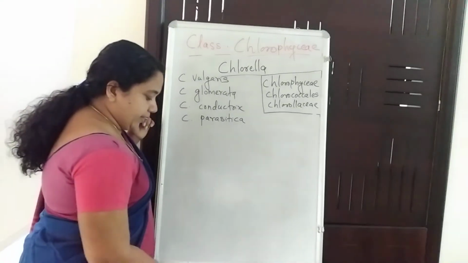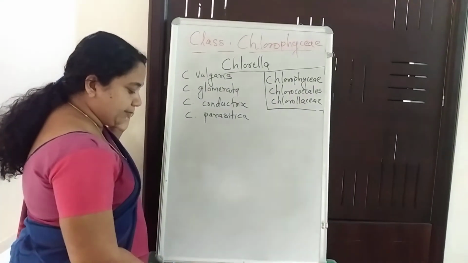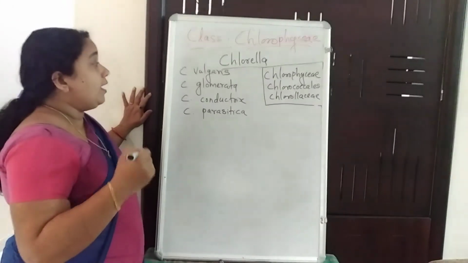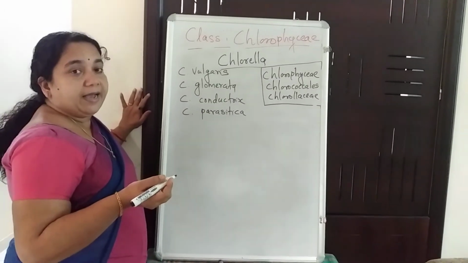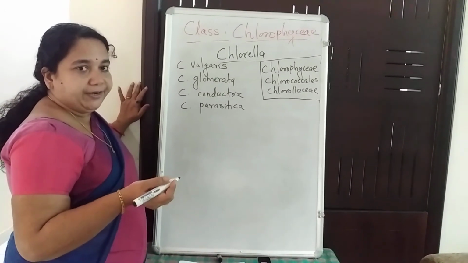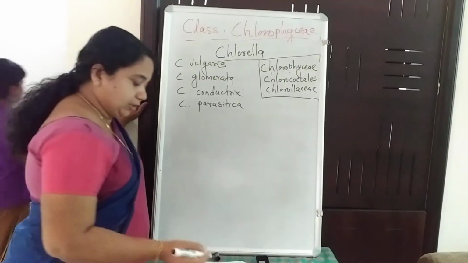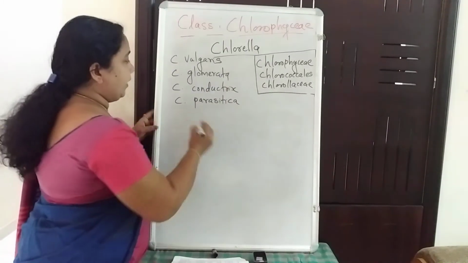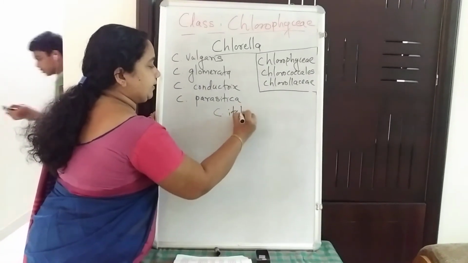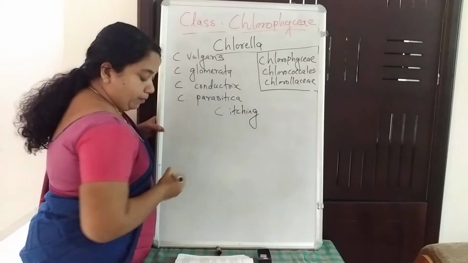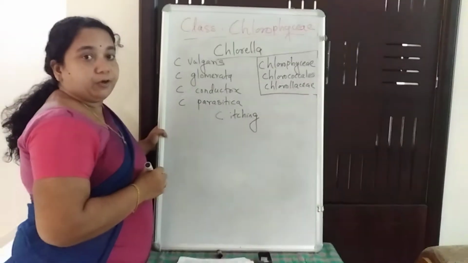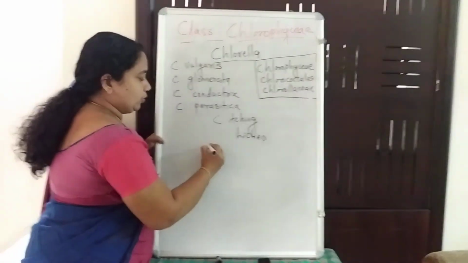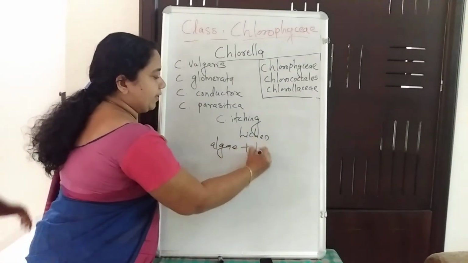And another one is that some of the species may live in association with hydra or another species of plants, hydra or paramecia. Chlorella itching is a common phycobiont of lichens. What is lichen? Lichen is an association of algae and fungi.